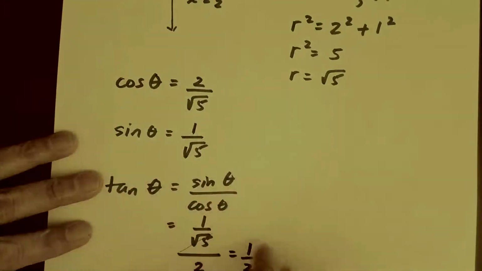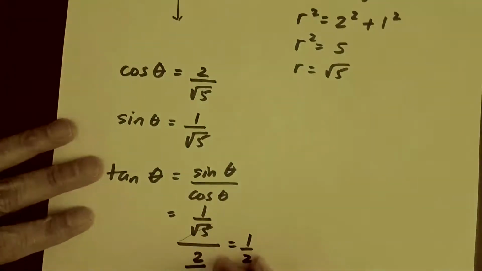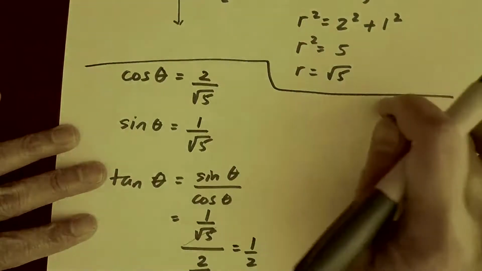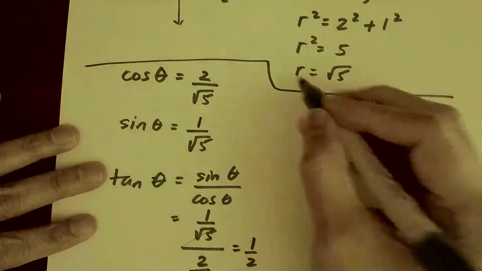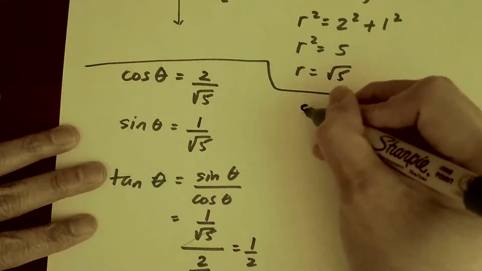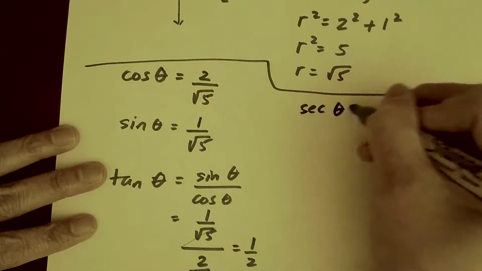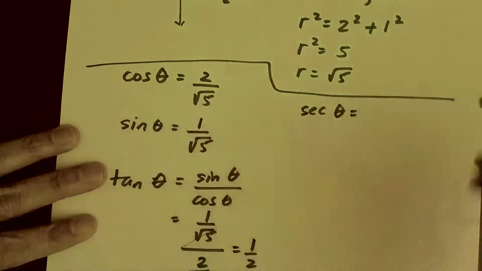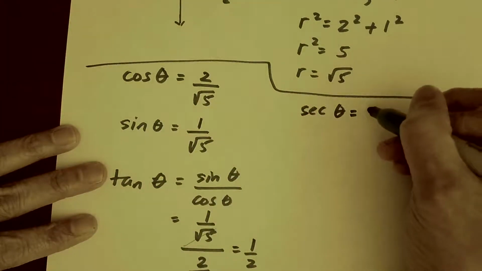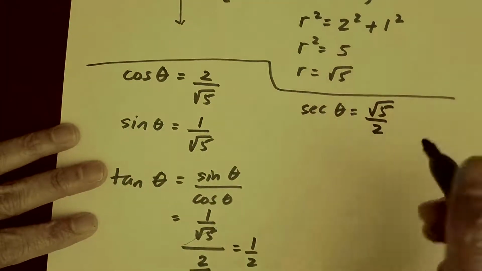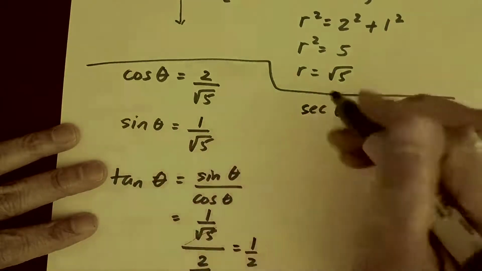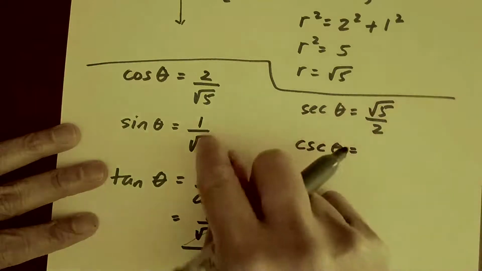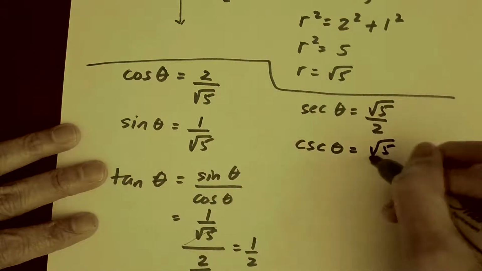Now that we've established these three primary trigonometric ratios, we can do secant theta, which is just the reciprocal of cosine. So it's going to be root of 5 over 2. The reciprocal of sine is cosecant theta, so it's going to be root of 5 over 1.